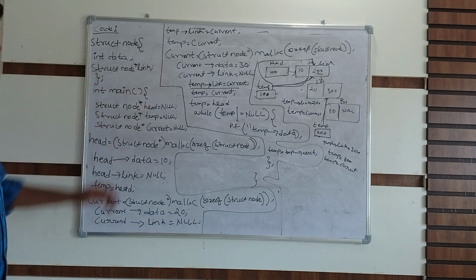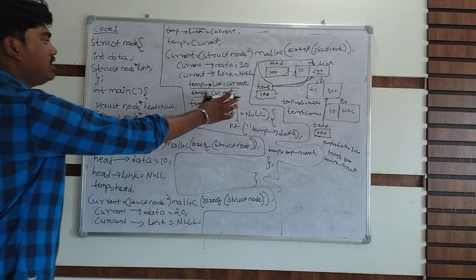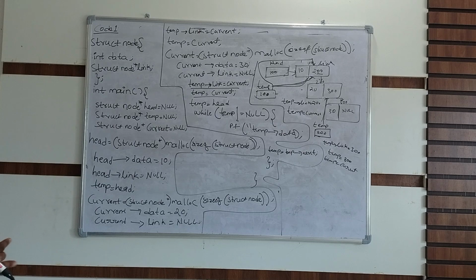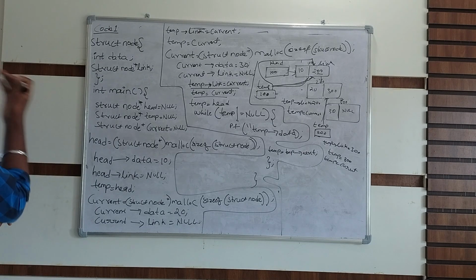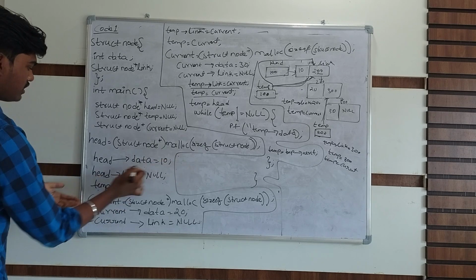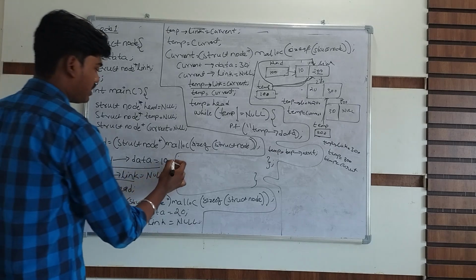Using current, we can write manually one by one, or we can use a for loop, taking n from the user, or we can write like this also. Here we are giving the data and linking statically. We can give it dynamically also. How?